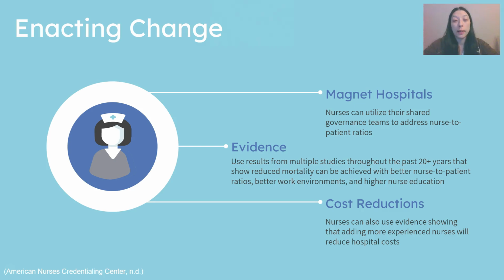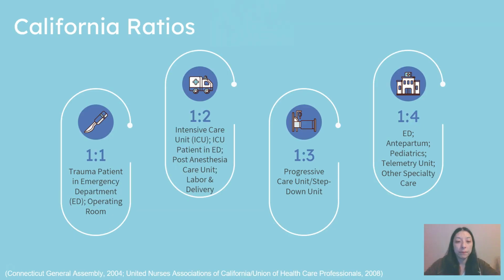Nurses can also point out that there is evidence showing that adding more experienced nurses will actually reduce hospital costs while reducing negative patient outcomes. Since California is the only state to have mandated nurse-to-patient ratios and has had them for almost 20 years now, they can be used as an example.